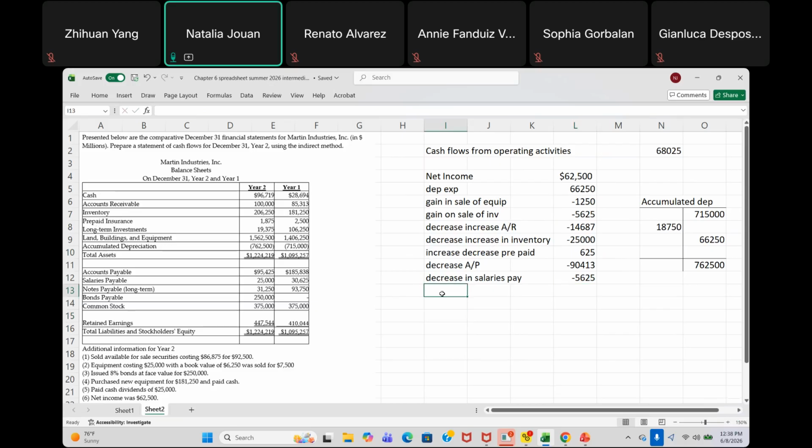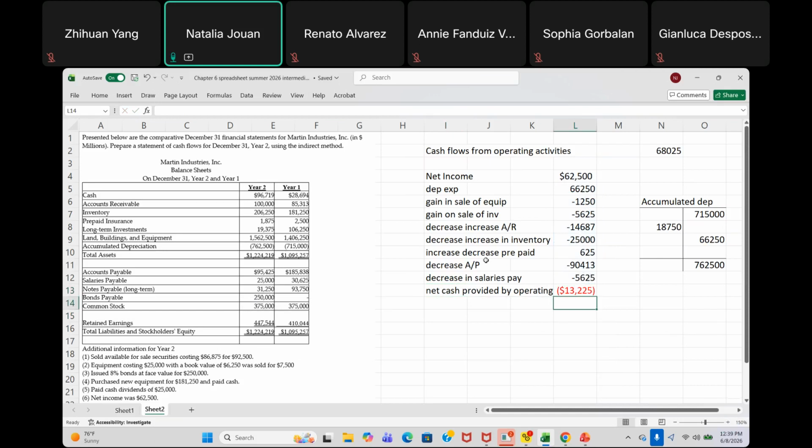That's it. So let's say net cash, hopefully provided by operating activities. So let's get the summary here. Oh, I guess it's used. So again, 66.